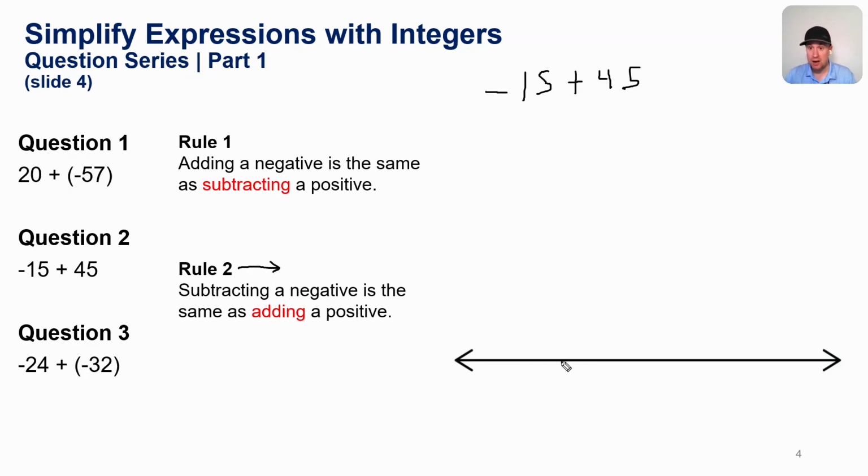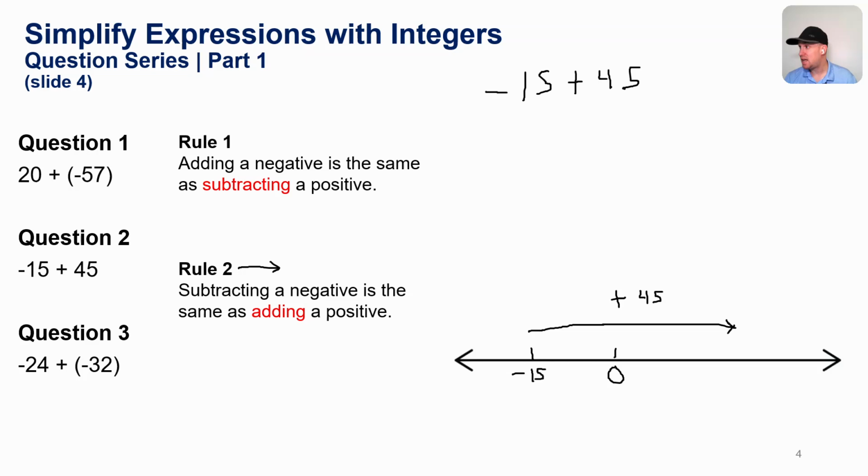If I go and model this then, I start at -15 on the number line. Let's put a 0 here. And then what I'm doing is I'm adding $45 to my bank account. So this is more than enough money then, or more than enough value to get me beyond the zero, right?